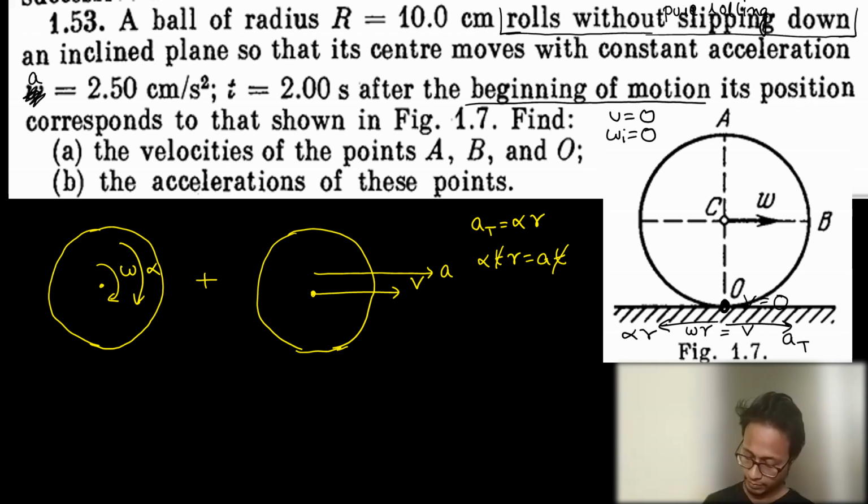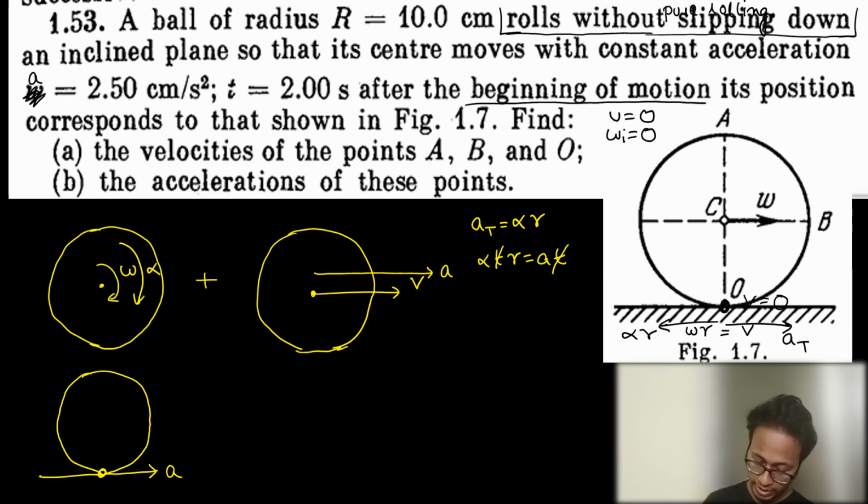Now we come to the second part of the question, the acceleration of these 3 points. Let's start with the bottommost part, the acceleration at point O. Due to translation, the acceleration would be equal to a.